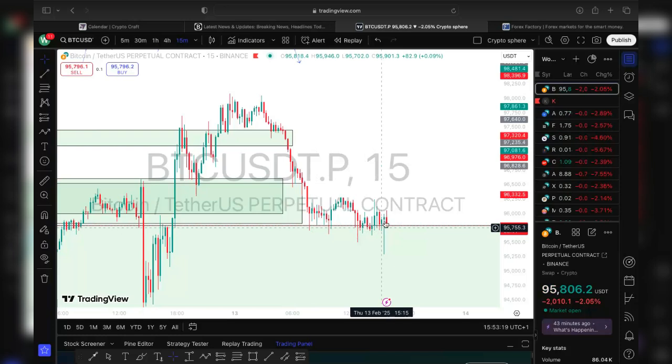This wick would just be like a fake out, thinking that market is going to start going down, but it went up. This was a fake out to induce people to start selling. You understand? So this is an example of a fake out, because this is where we have the support level here. Here's another limitation of support and resistance.